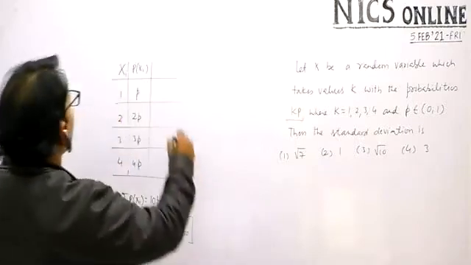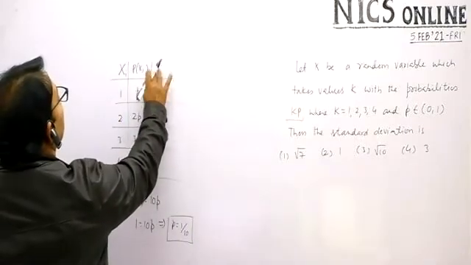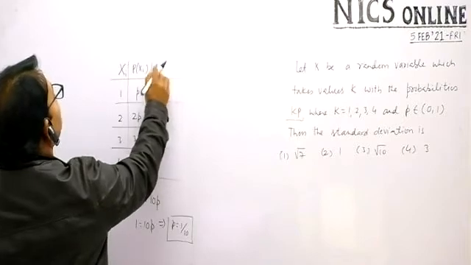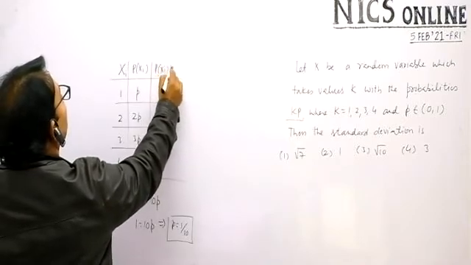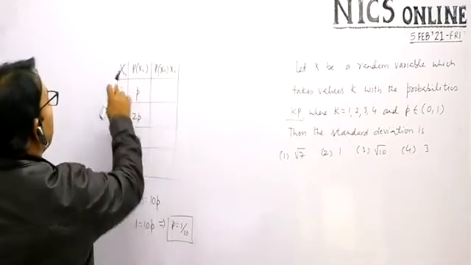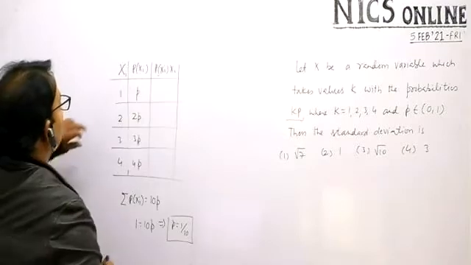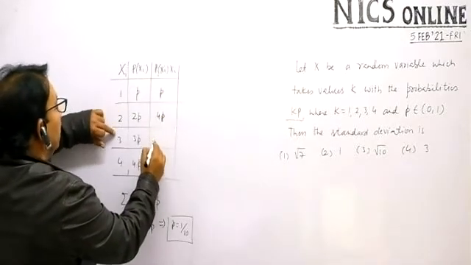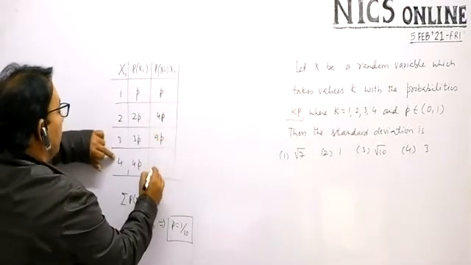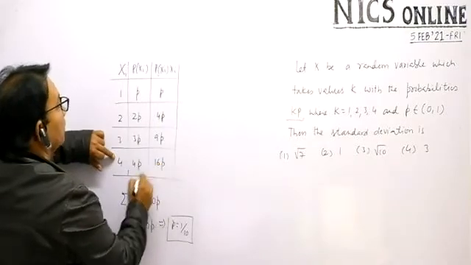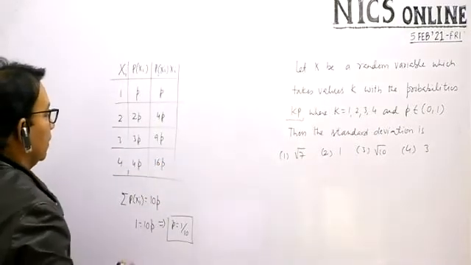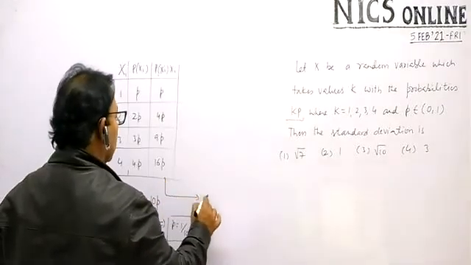इसके बाद हम क्या फाइंड करते हैं? We find P(xi) into xi. Basically, इन दोनों कॉलम को मल्टीप्लाई करोगे. This would be P, this would be 4P, this would be 9P, and this would be 16P. इसका भी मेरे को समेशन फाइंड करना होगा. समेशन ऑफ दिस कितना आ रहा है जरा देखो.